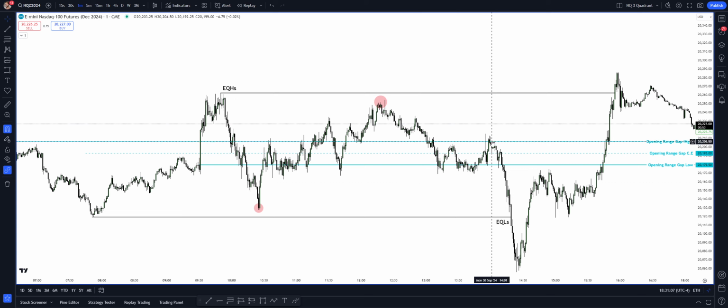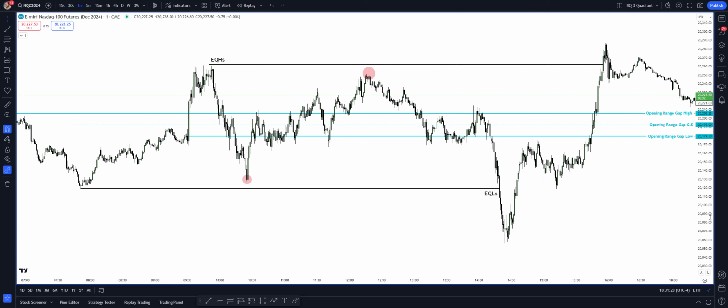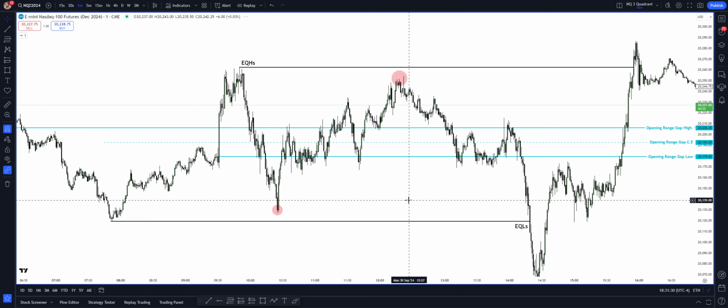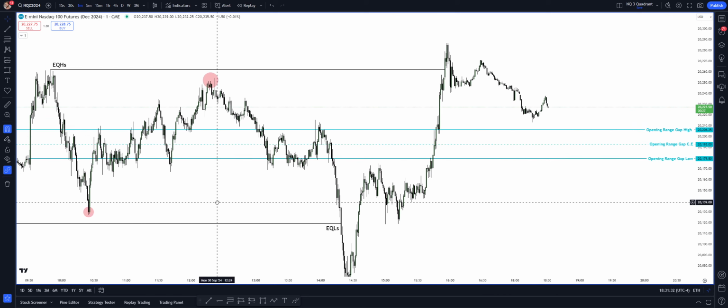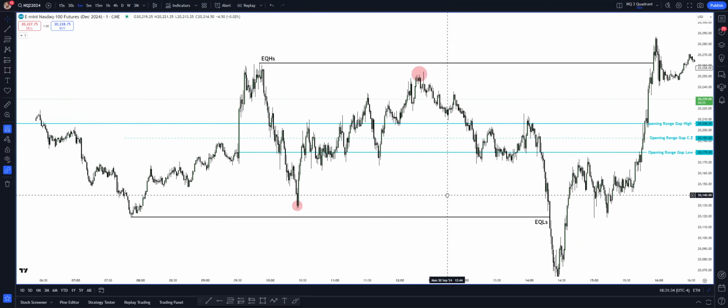In this case today, we could anticipate the equal lows getting purged first, and I'll be talking about it once I get into this price action. So that was tradable. This drop down below equal lows was tradable, as well as this reversal up into the equal highs. So let's dive into the order flow, and I'll be circling around the most important things from today's session.